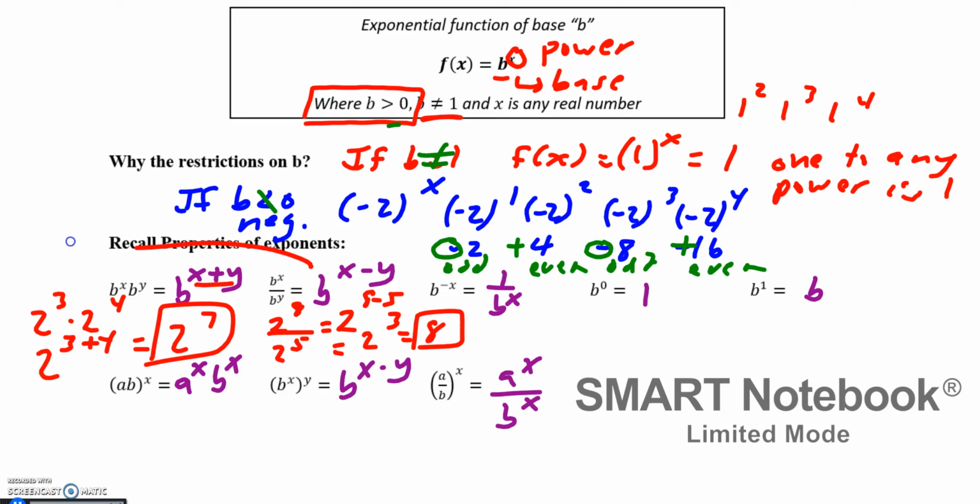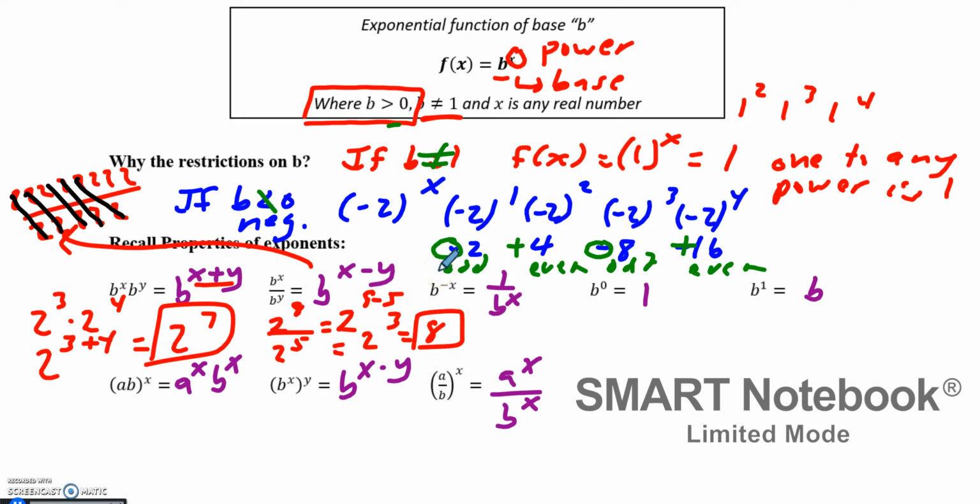Now the reason it ends up being subtraction is because 2 to the 8th really means 2 times itself 8 times. 1, 2, 3, 4, 5, 6, 7, 8 2's. Then I'm dividing by 2 to the 5th, or 5 2's. 1, 2, 3, 4, 5. And if I have the same base on top and bottom, I'm allowed to cross them out. So you can cross out 5 pairs of 2's, which leaves you with 3 2's or 2 to the 3rd, which is why the subtraction rule is applicable.